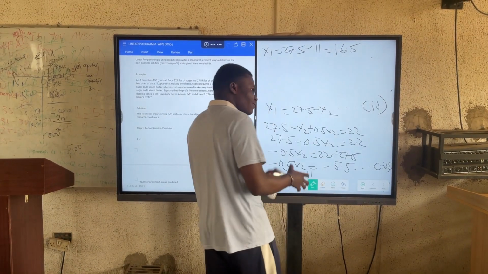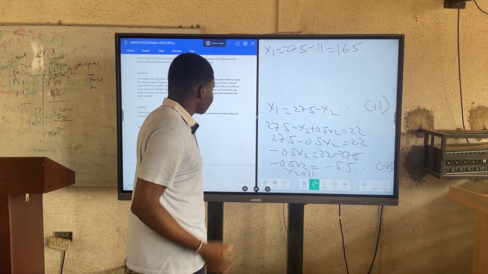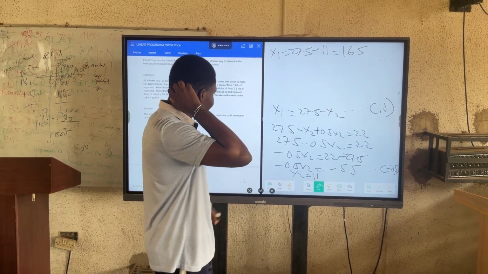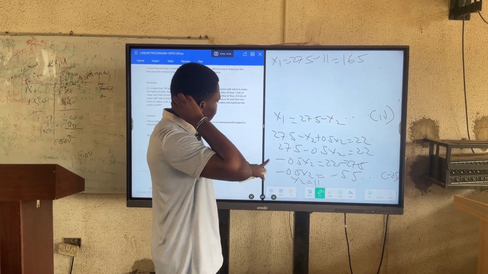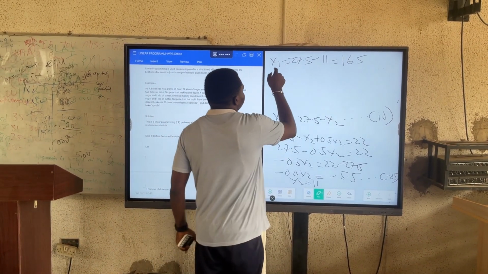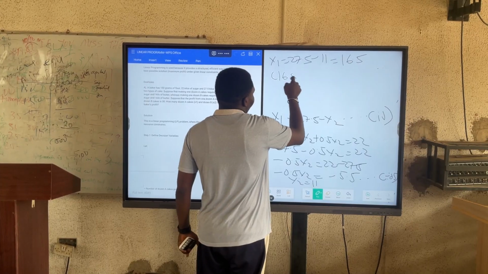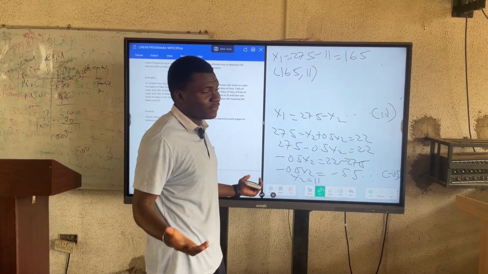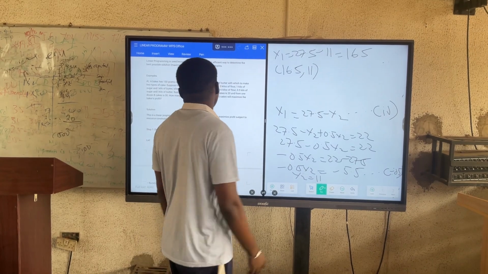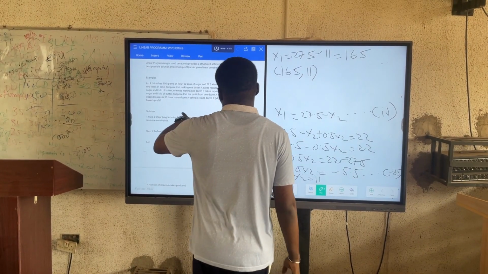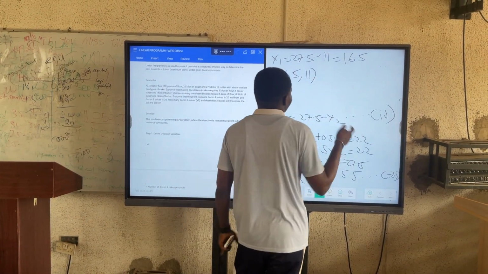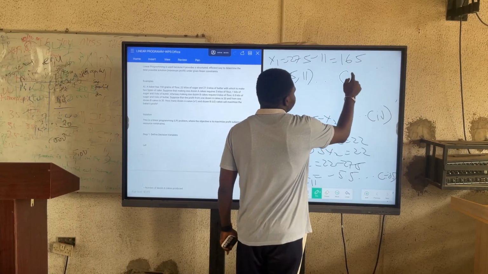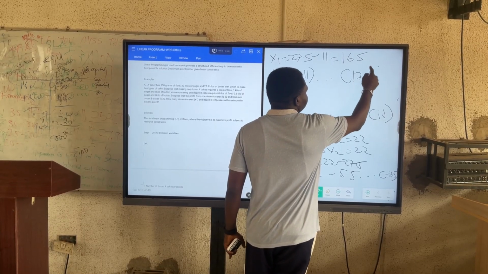So the first set of variables is x1 equals 16.5 and x2 equals 11. But we can't have 16.5 dozen A cakes. So we can also say 17 and 11.